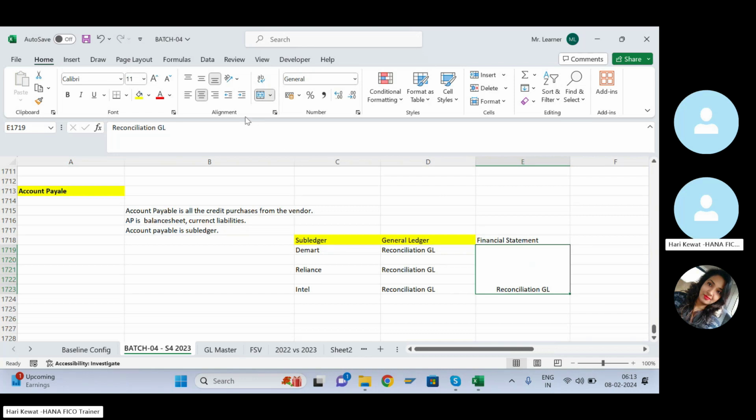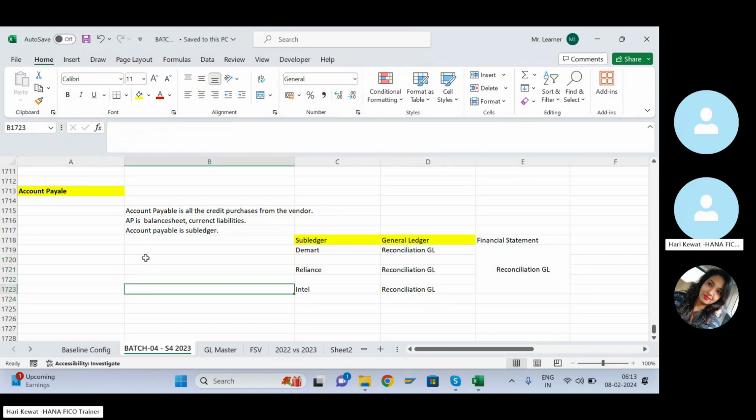Whenever you prepare any financial statement, you always show the general ledger balances, not sub ledger balances. But you also have to make sure during the month end that the sub ledger balances match with the general ledger balances. Is it clear? Yes, sir.